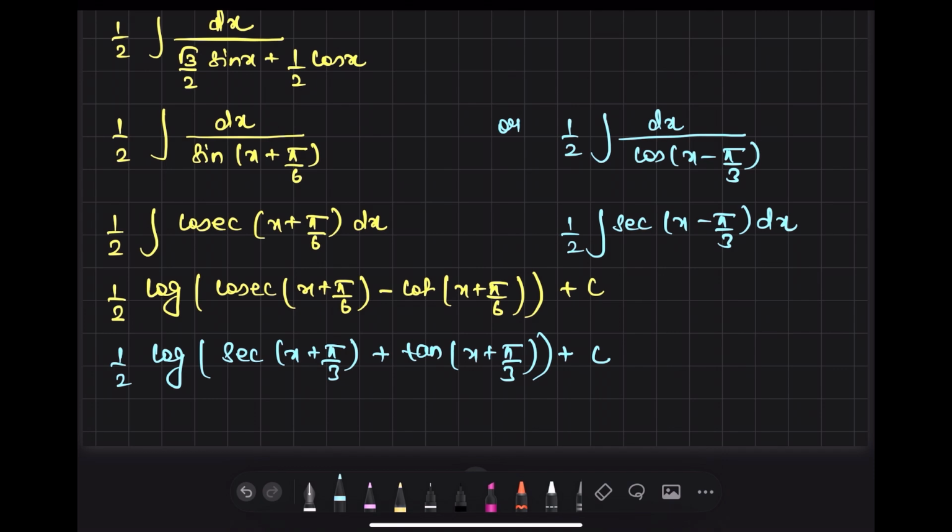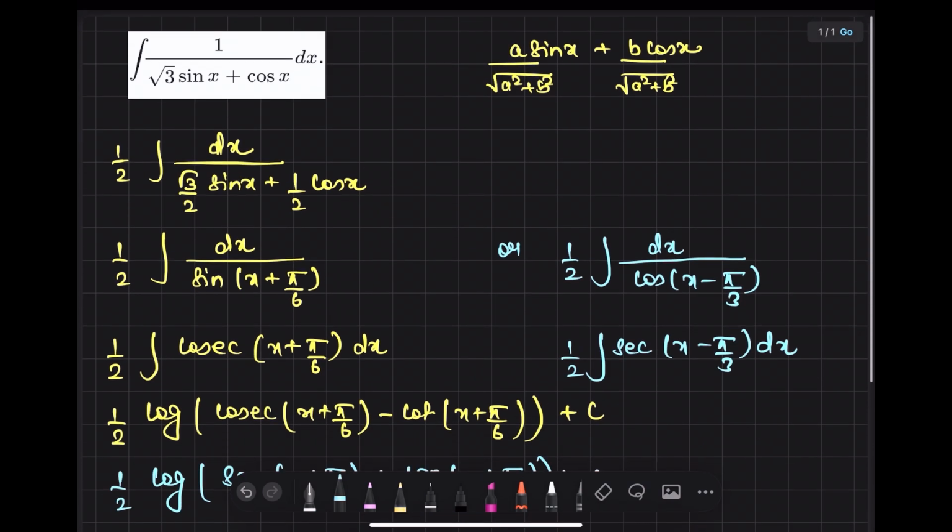So you will have these two answers, and you will solve according to the options. Okay, I hope the idea is clear and you can handle similar situations.